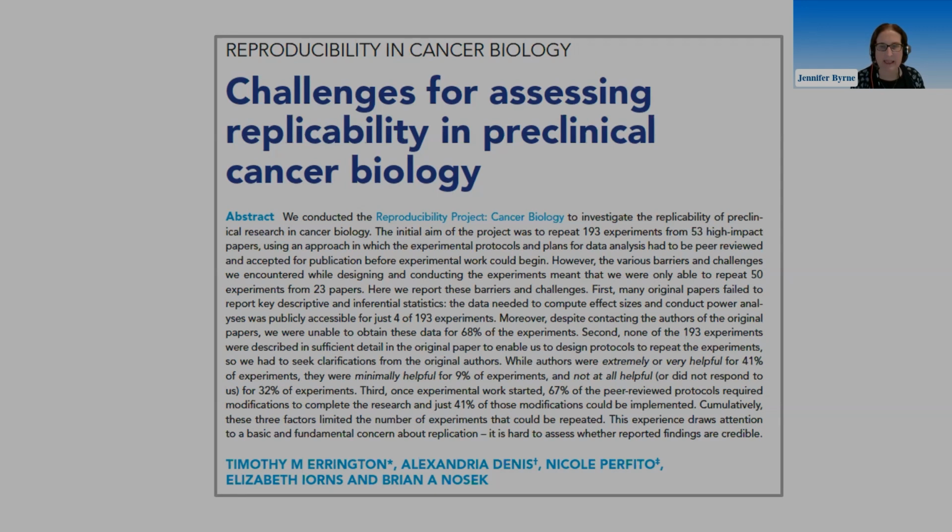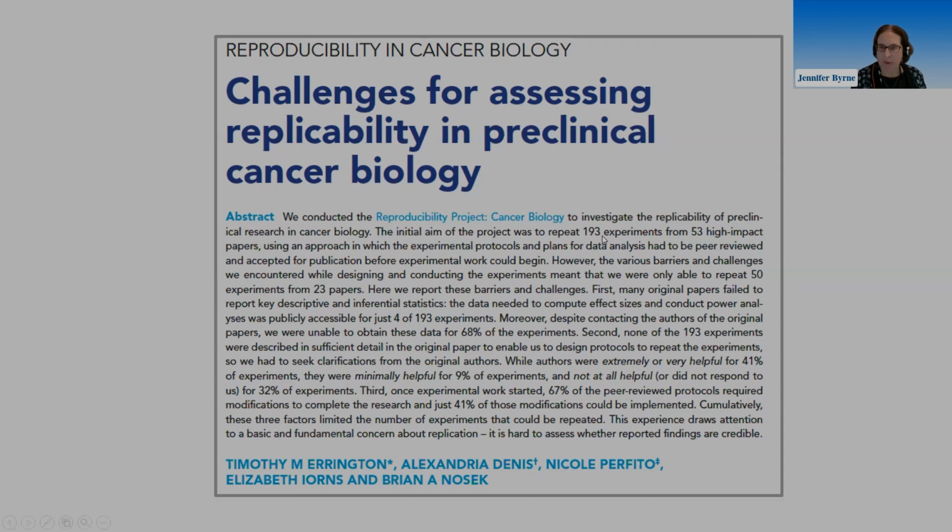So this is a prime example that has been running for a number of years. And I think the final publications for the reproducibility project for cancer biology were published either late last year or this year. They were led by Timothy Errington and Brian Nosek, and they reported tremendous challenges in trying to reproduce.